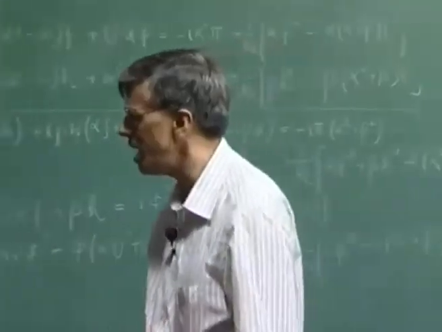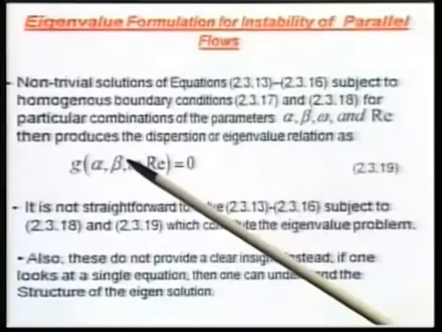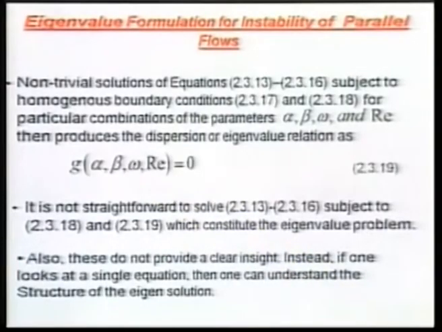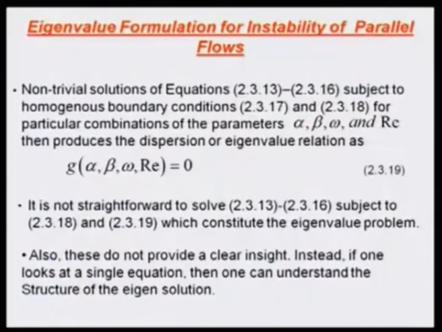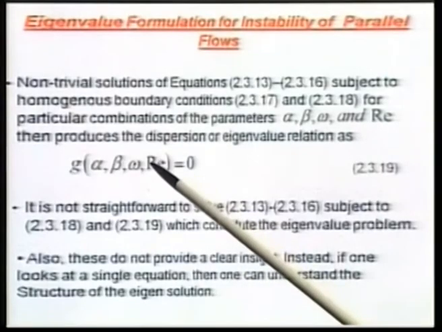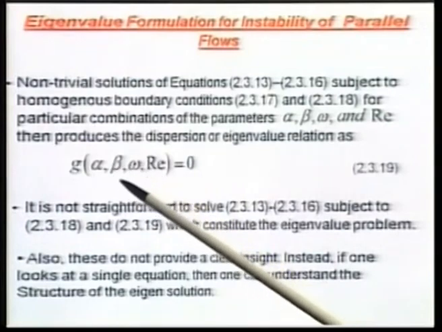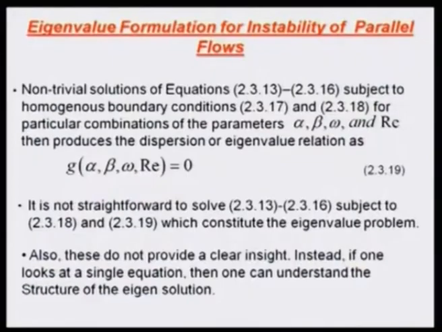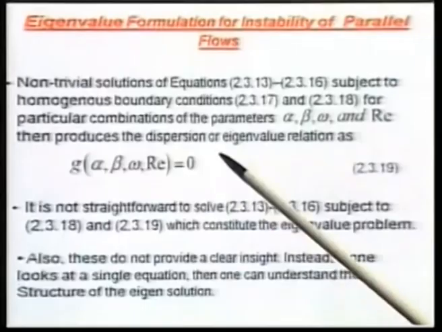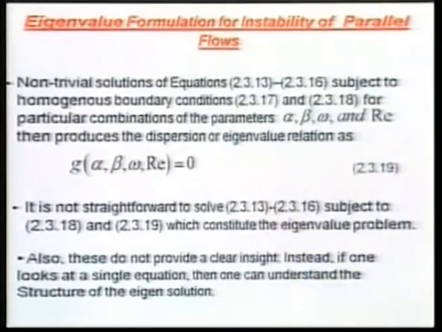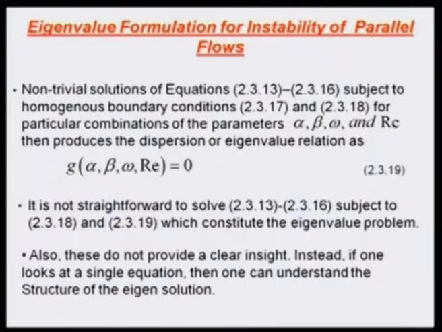So, those combinations, as expressed by a relation or equation, is called the dispersion relation or the eigenvalue relation. What it actually means is that we are trying to find out the dependence of alpha, beta on omega. Let us say we keep Reynolds number fixed, then this equation 19 gives us a relationship between alpha, beta and omega.